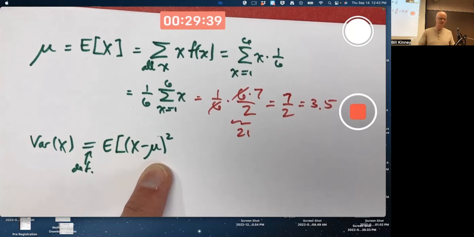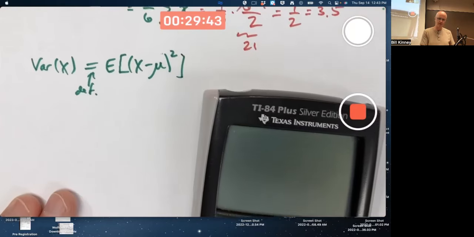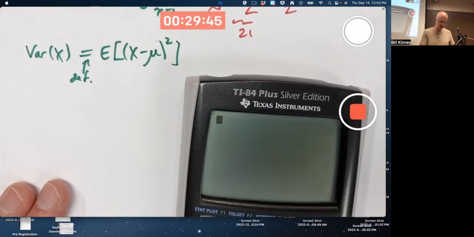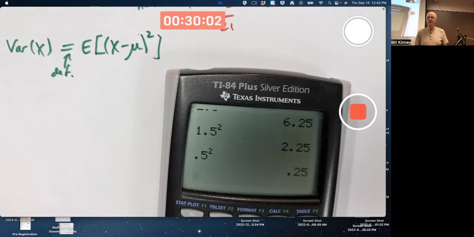Square those numbers. Negative 2.5 and positive 2.5 both have a square equal to 6.25. Negative 1.5 and positive 1.5 both have a square equal to 2.25. And negative 0.5 and positive 0.5 both have a square equal to 0.25.